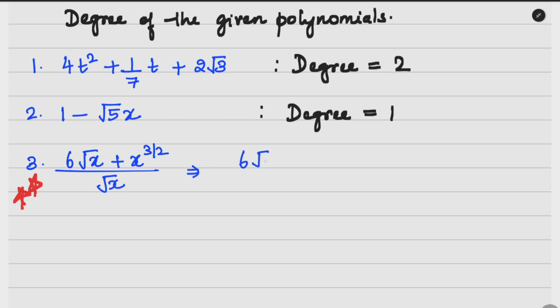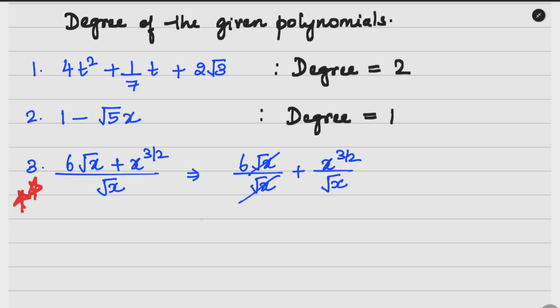Split it up, 6 root x by root x plus the second term, x to the power 3 by 2 by root x. You are going to split the root x denominator in both the terms in the numerator. Root x gets cancelled. So the first term is 6 plus, okay, x to the power 3 by 2 by root x is nothing but x to the power 1 by 2, isn't it?